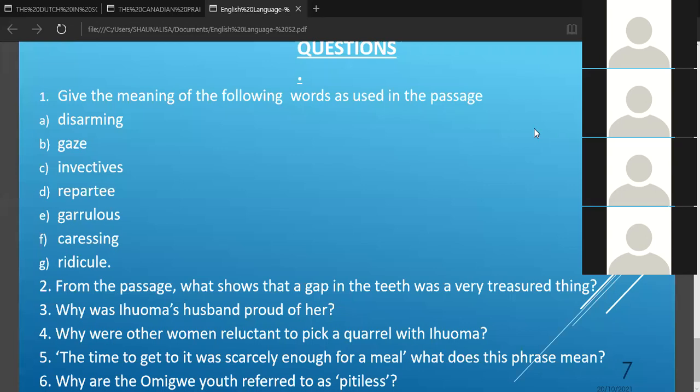Let's have people pick words and explain them as we wait for teacher Angela to join us. What is the meaning of the word disarming as used in the passage?